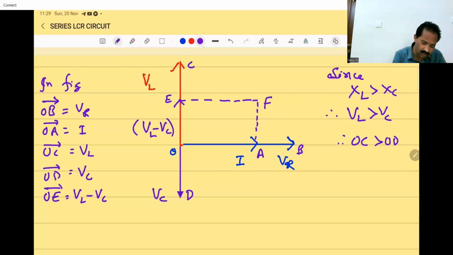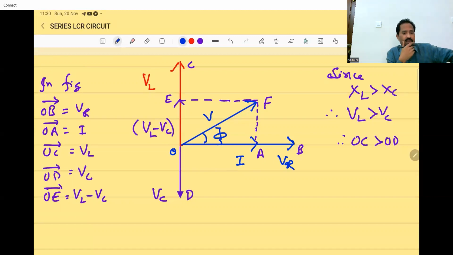Draw diagonal OF. I will draw it, look, like this. Okay. So this is the diagonal. So this represents the resultant voltage V. Sorry, V only. Okay. So this is called phasor diagram. Let the resultant voltage lead the current by some angle phi.